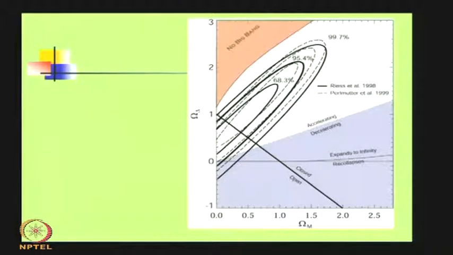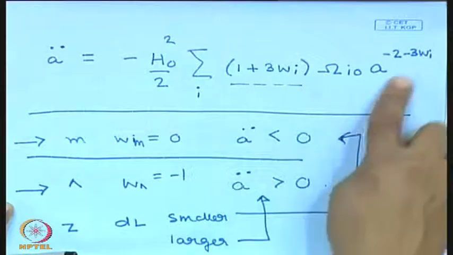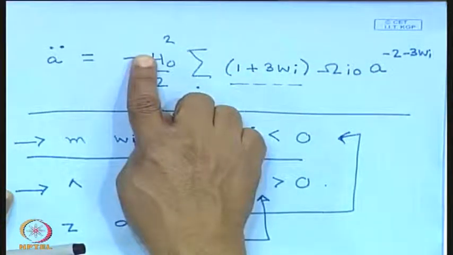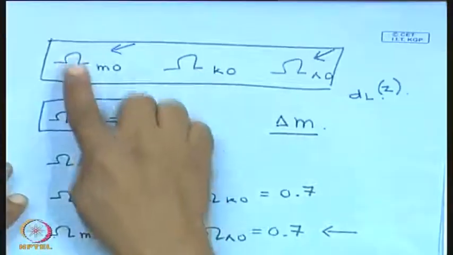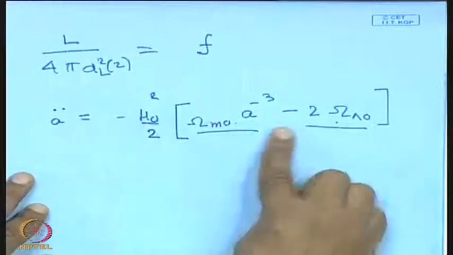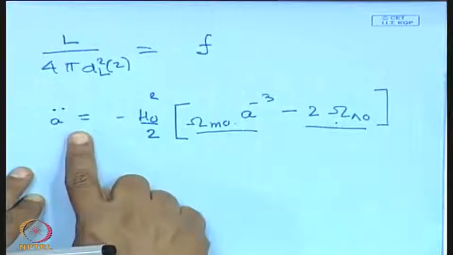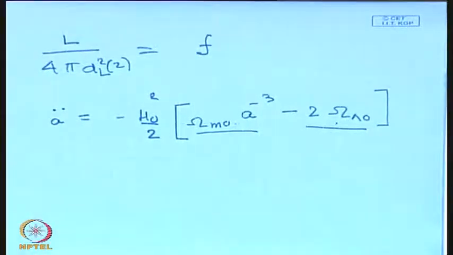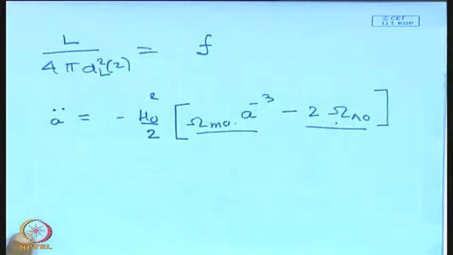What decides this? If you look at the equation that governs the evolution of the scale factor, for a model with these three parameters, the equation becomes this. The curvature obviously does not contribute to a double dot. In our interpretation, it is a constant of integration that you encounter when you integrate this.